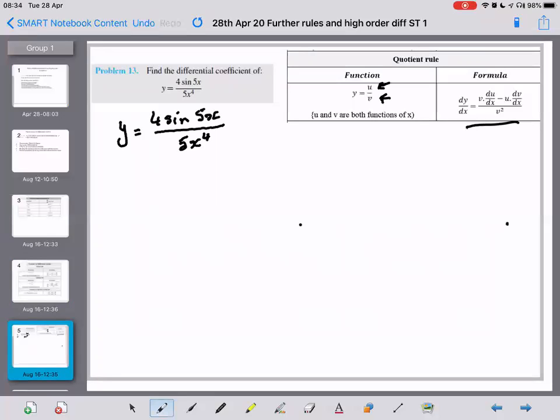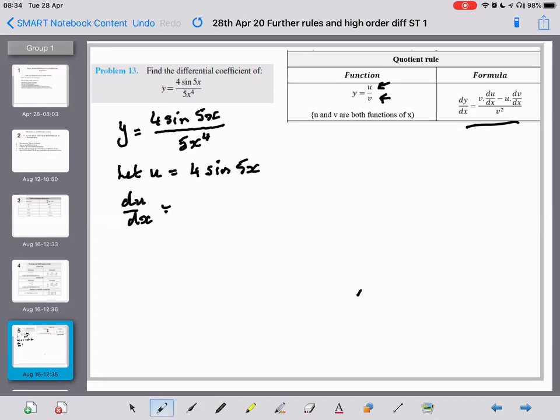Okay, so in this case, we'll let u equal 4 sine 5x, and then we have to differentiate that. So du by dx is equal to, if we differentiate 4 sine 5x, what happens?